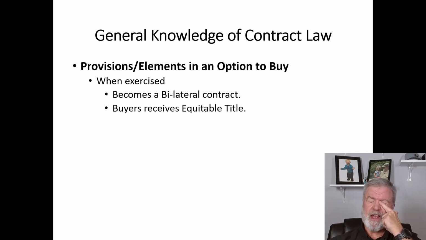But y'all, if it doesn't state in the question that the buyer has exercised their option to buy, then it's unilateral. It's unilateral contract, okay? But once it becomes a bilateral contract, y'all, obviously now the buyer will receive equitable title and can now prepare to close and hopefully get legal title once they close, okay? So that's the option to buy.